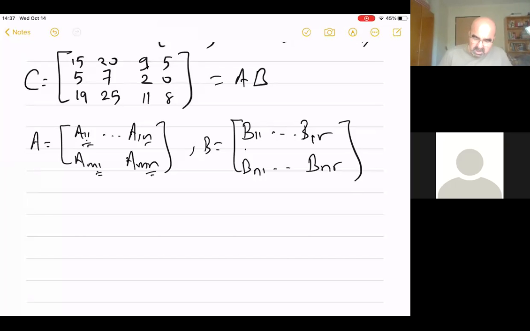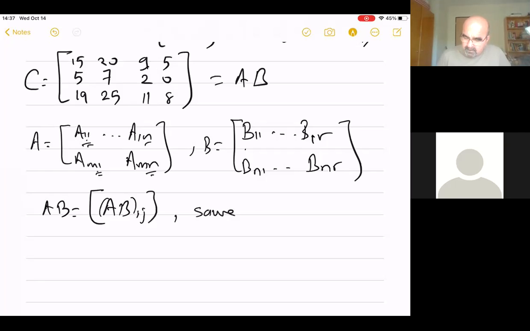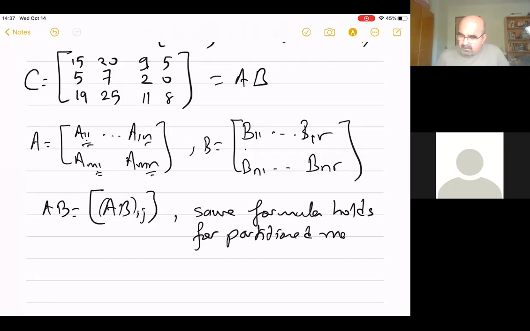So A times B is equal to the matrix with entries AB, I, J. The same multiplication formula holds for partitioned matrices. Okay, we gave examples above.